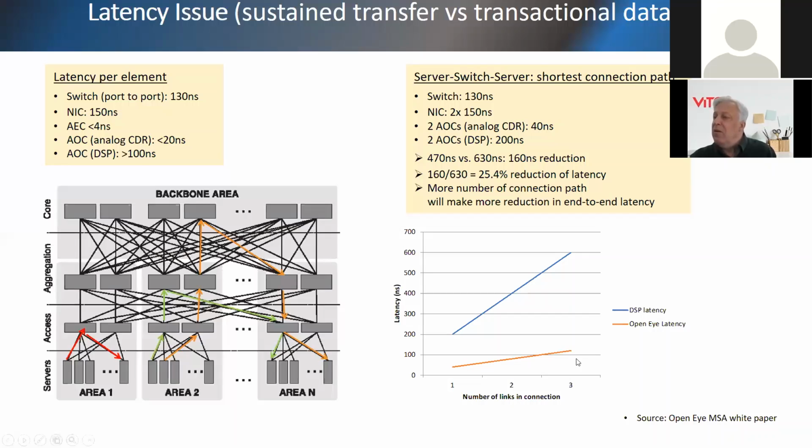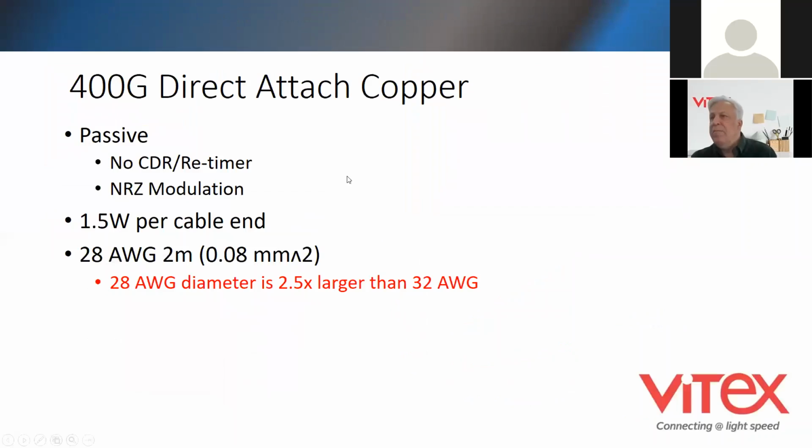But if you talk about 100 nanosecond latency for let's say an AOC, and you add that up between 3 connections, you can very quickly get up to over 600 nanoseconds. So just wanted to share that with you. You can see how the latency is additive or summed. Okay, we're going to start with direct attached copper, and I figured we'd start out with the 400G.